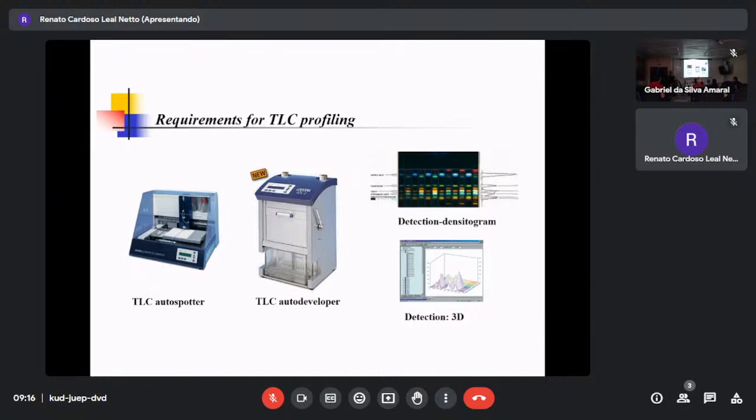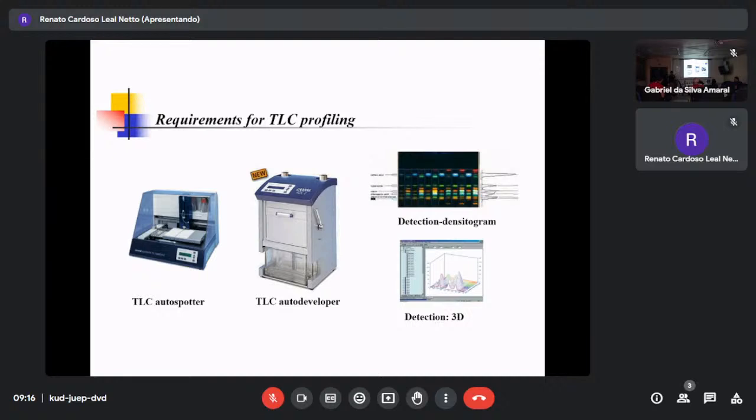Now, for alignment, TLC also must be aligned, but in a different manner. You cannot apply the HPLC algorithm. Why? With TLC, when you run a plate, there is always an edge effect.